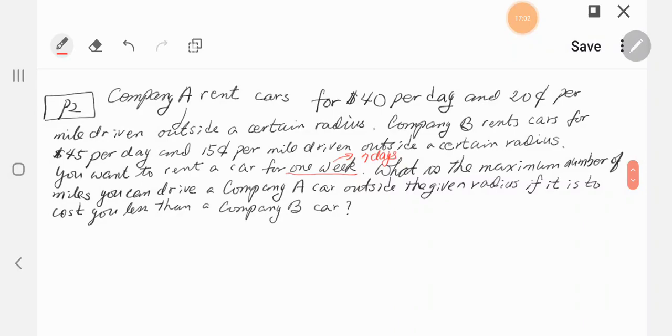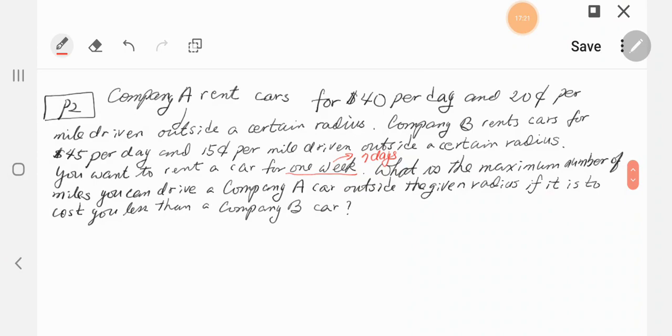What is the maximum number of miles you can drive a car outside the given range, if company A charges you less than company B?